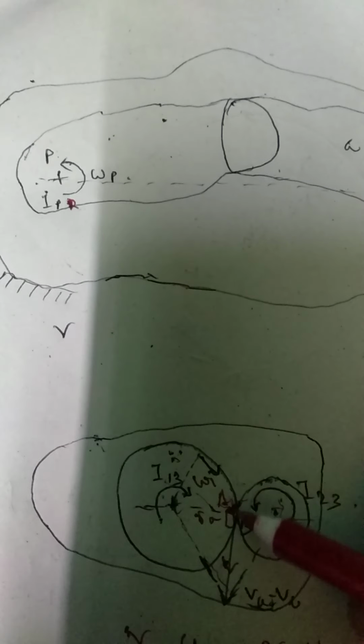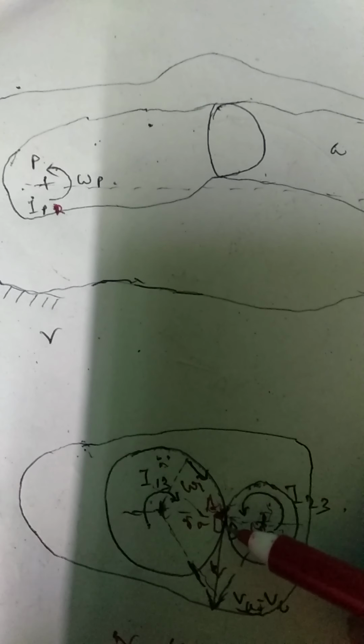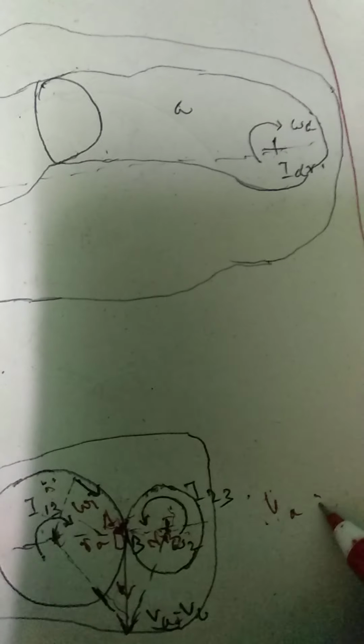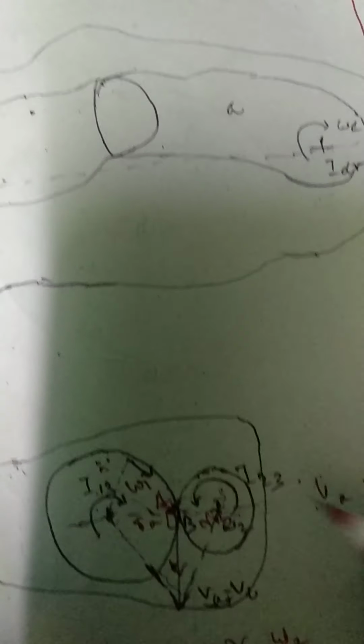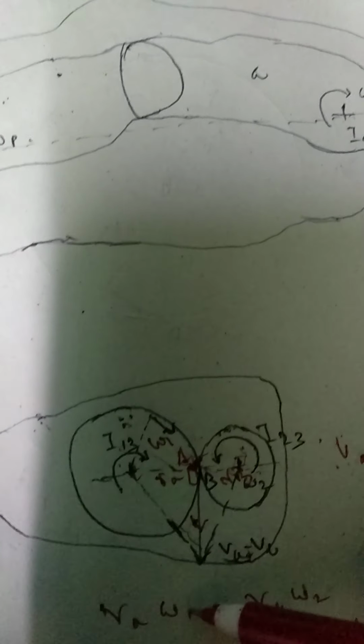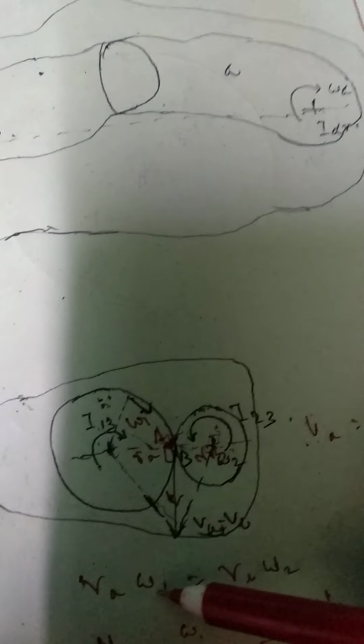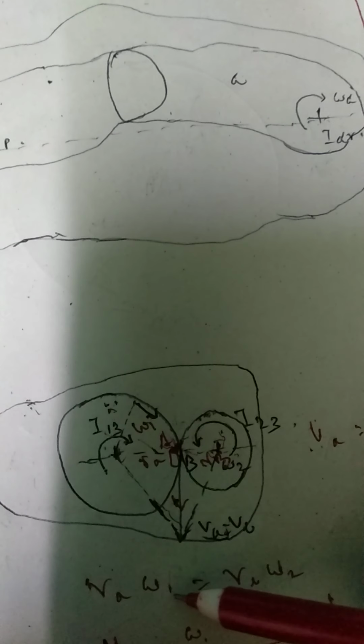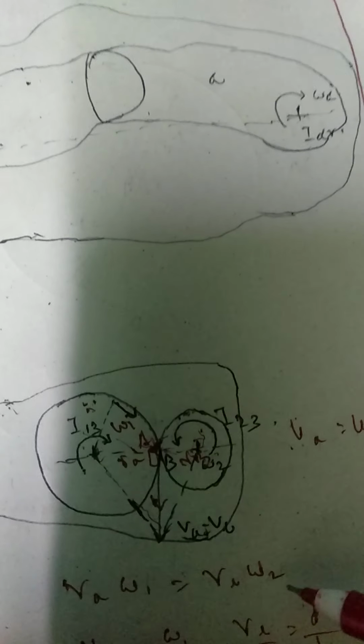Now at this particular instant VA will be equal to VB. VA is RA into omega 1 and VB is equal to RB into omega 2.